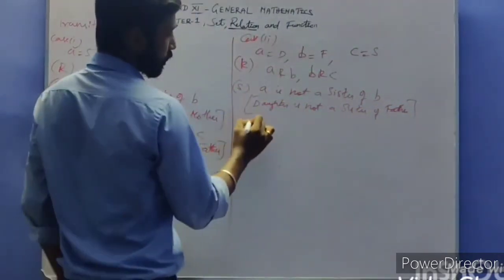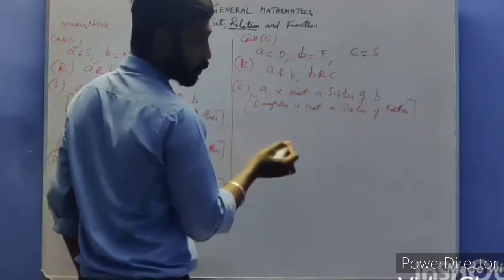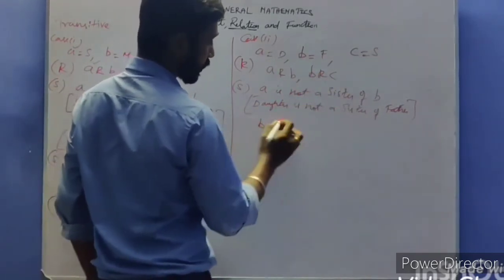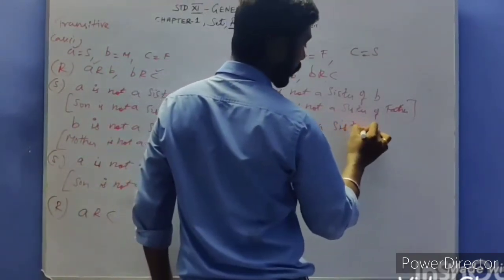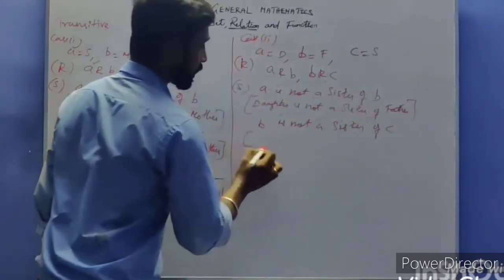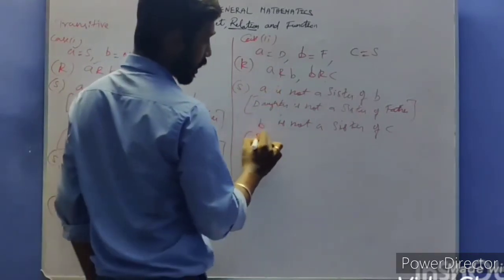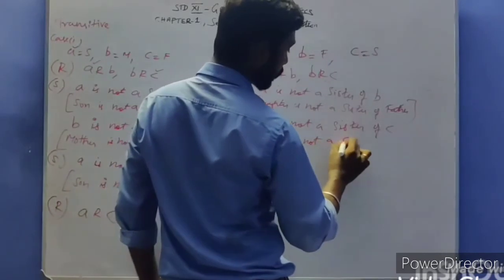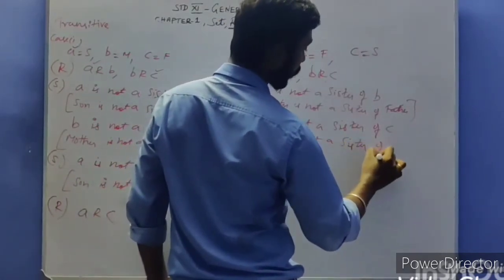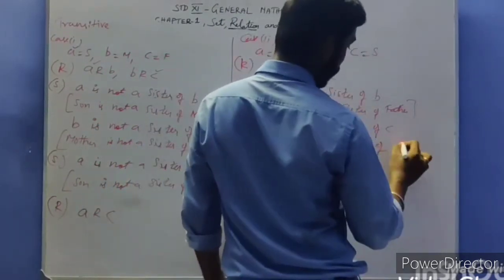Then the next statement, B is related to C. B is not a sister of C. That means, example, what is the name for B here? Father is not a sister of son.